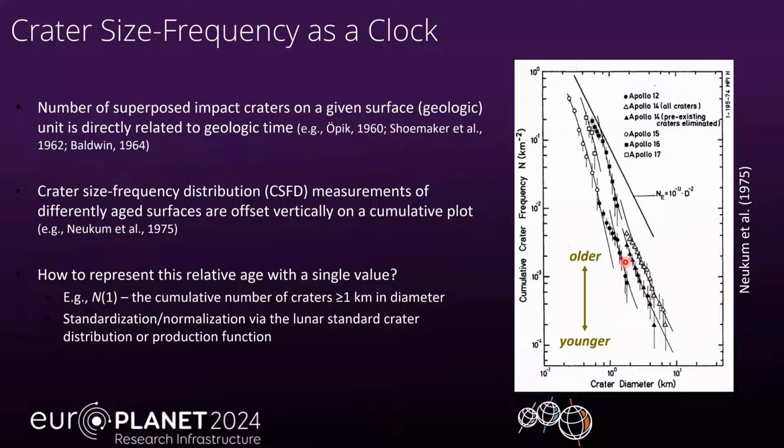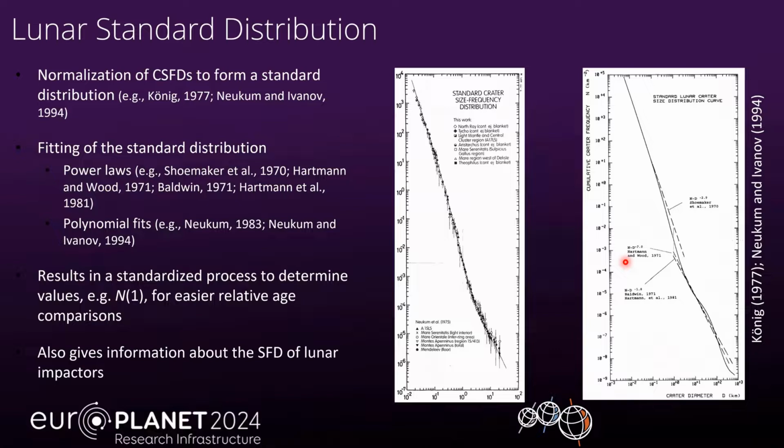What feeds into this process of figuring out this N(1) is that you need to know what's called the lunar standard distribution. You can see that the distribution of the sizes of craters is not a linear line, okay? It's a function that is dependent on the diameter of the crater, or ultimately the size distribution of the impactors that are forming the craters.